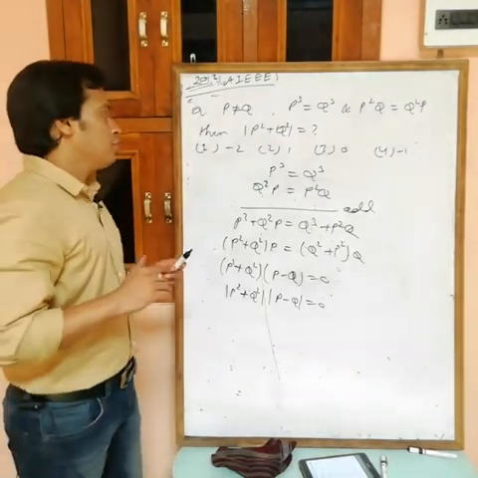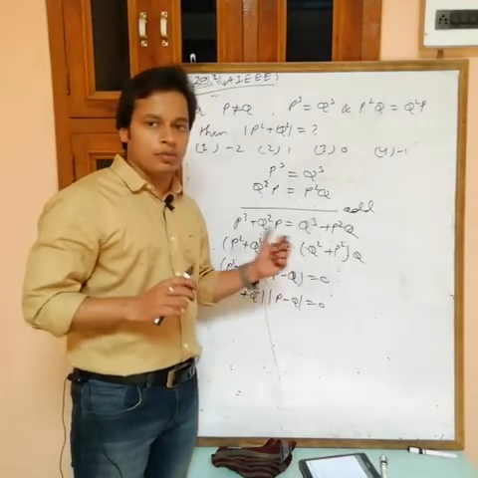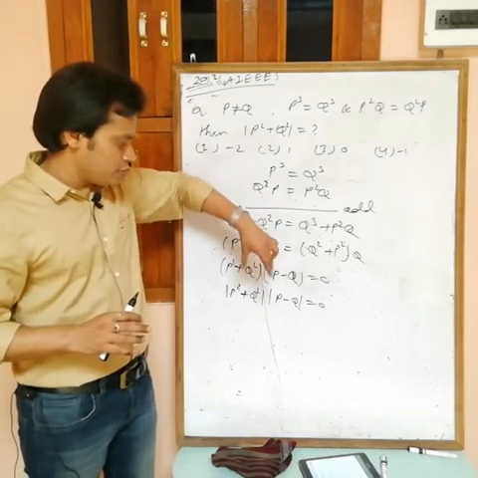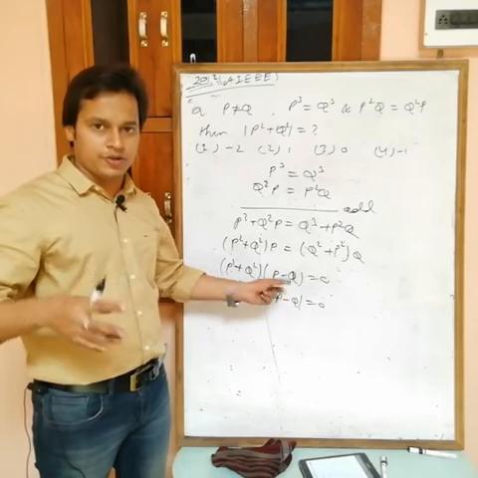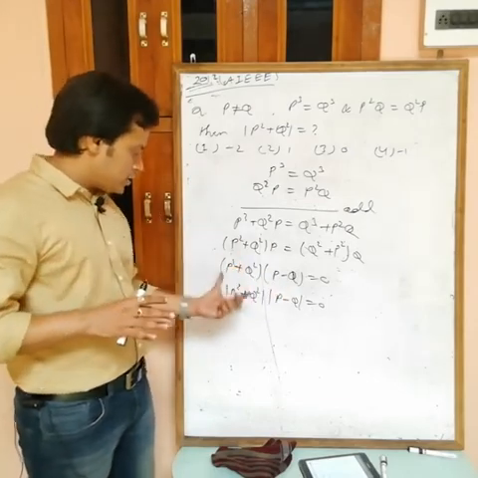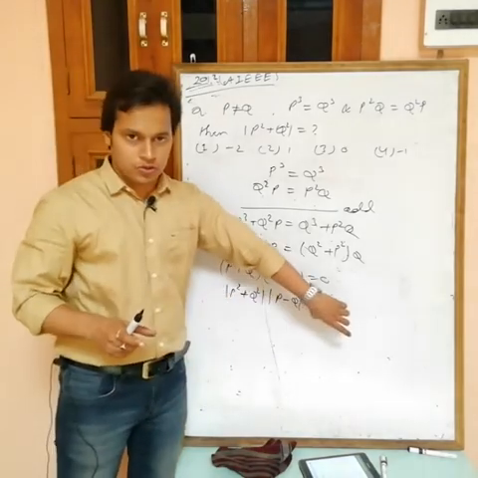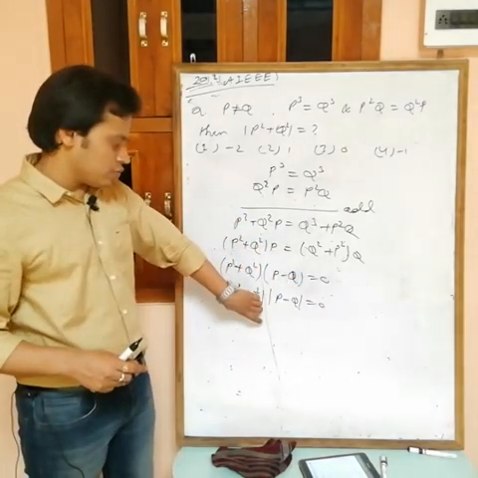This product is a null matrix, and this is not a null matrix. Then the product of two determinants is equals to 0, then this one must be equals to 0.